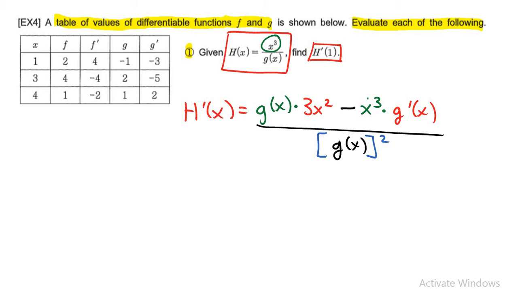And now I need to plug in the value of 1, and then I can find my derivative value. So here's h prime of 1. Anytime you see an x value, these x values are now going to be replaced with 1.